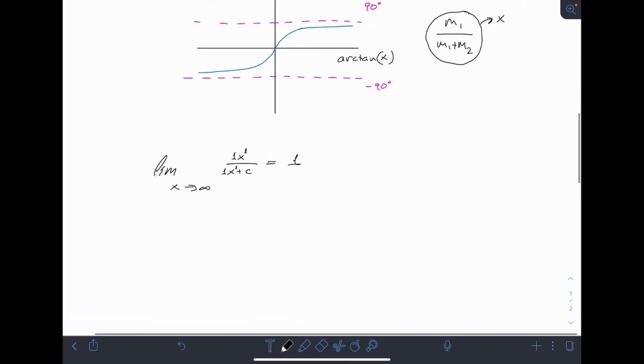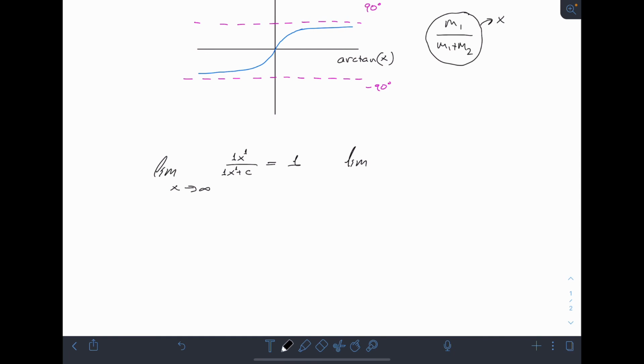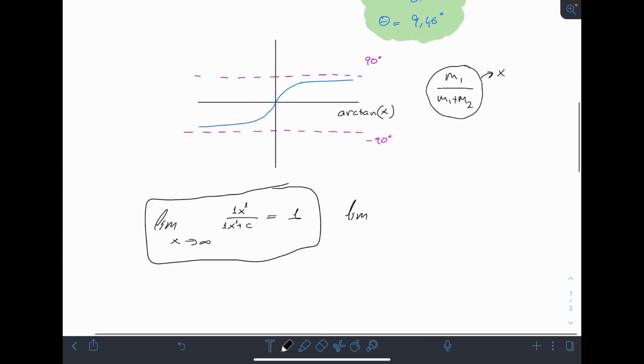And let's do the same for another limit. This one shows us what will happen if m1 reaches infinity. And the answer is it would only reach an angle of 45 degrees.